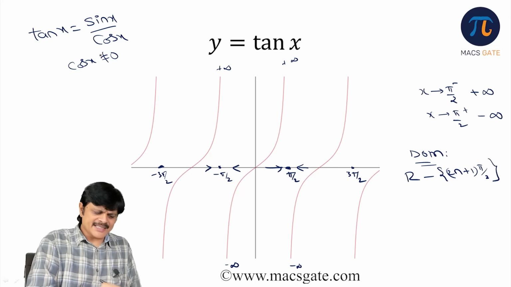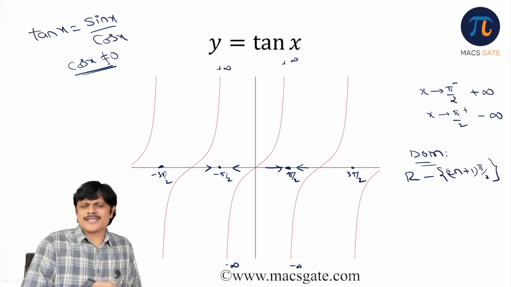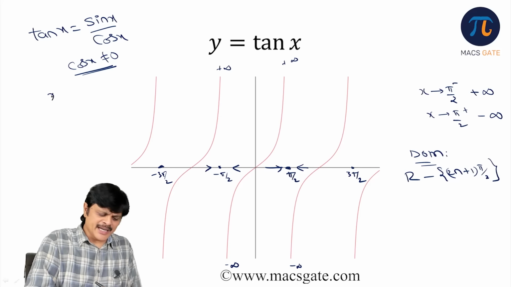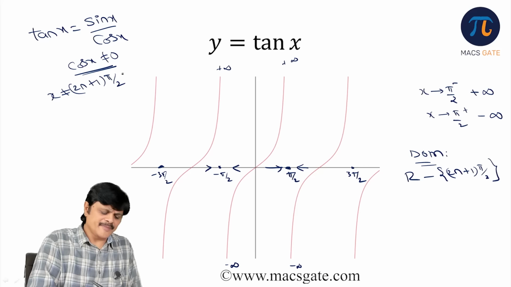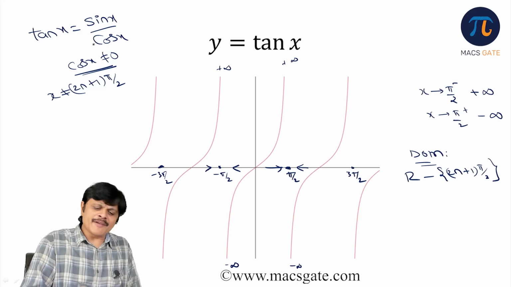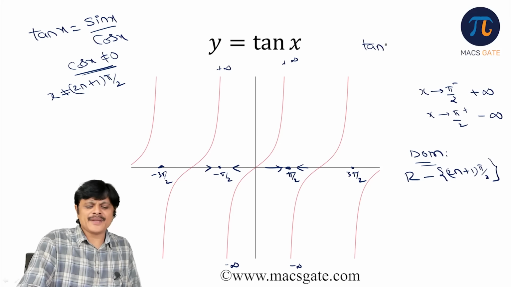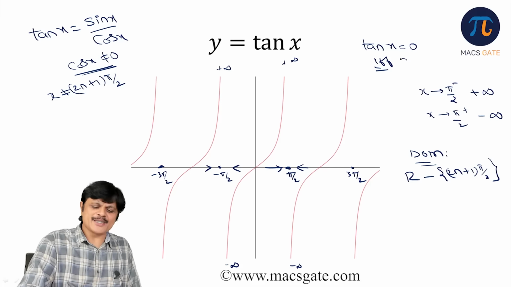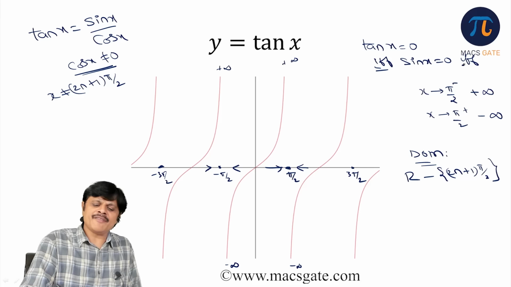So tan x is not defined when cos x is 0. So cos x should not be 0. That is, x should not be equal to (2n plus 1) pi by 2. So that is what we removed. And again, if you want, you can find when tan x is 0. Tan x is 0 if and only if the numerator is 0, that is, sin x is 0, that is, if and only if x equals n pi.